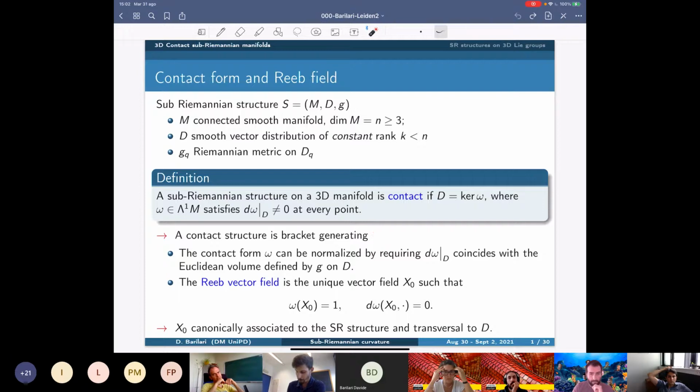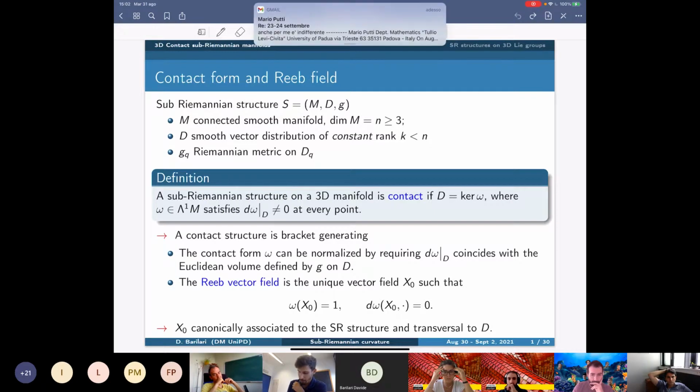One normalization we can do is to require that this d omega, which is not zero on the distribution, coincides with the Euclidean volume defined by the metric. Since we have a metric, we can match the two things together.